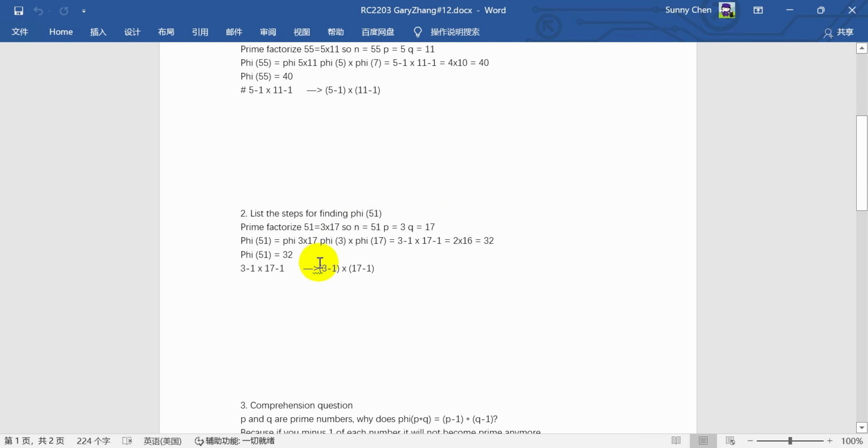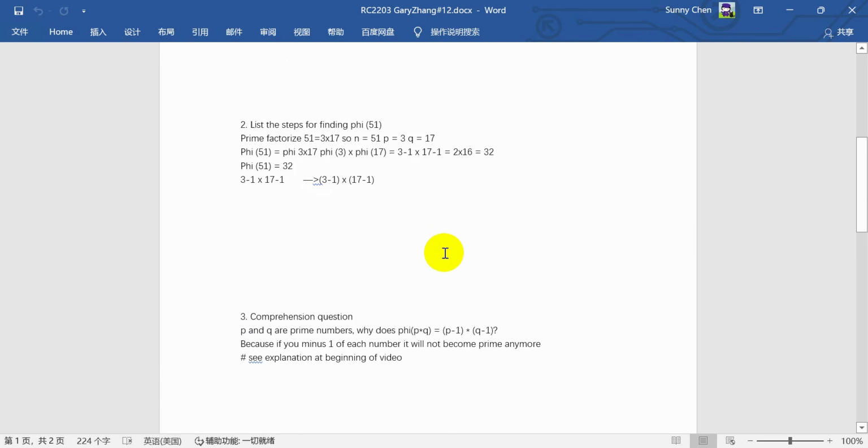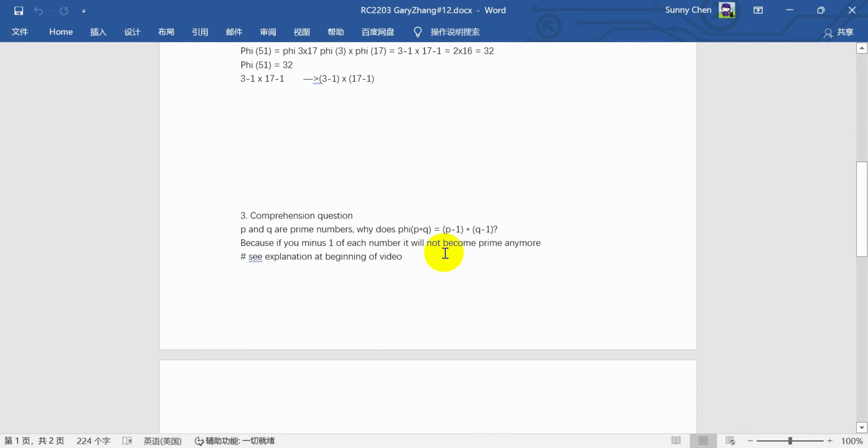For number 2, the answer is right too, but make sure to add brackets for the subtraction parts. For number 3, this isn't completely right. For example, if you say 3 is a prime number, if you minus 1, it equals 2, but 2 is also a prime number.